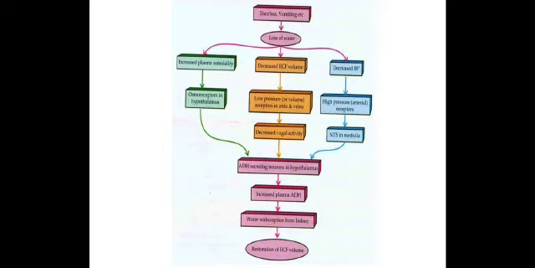Whenever there is increased plasma osmolarity, the osmoreceptors in the hypothalamus are stimulated, which enhances ADH secretion, resulting in increased plasma ADH, which in turn causes water reabsorption, and again the extracellular fluid volume is restored.